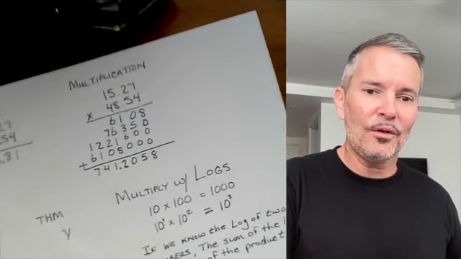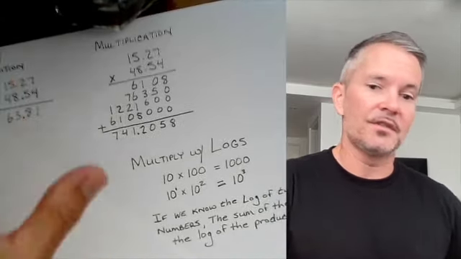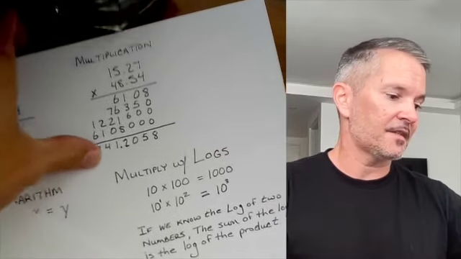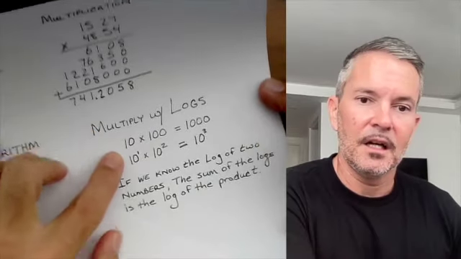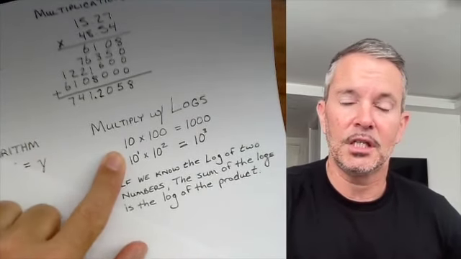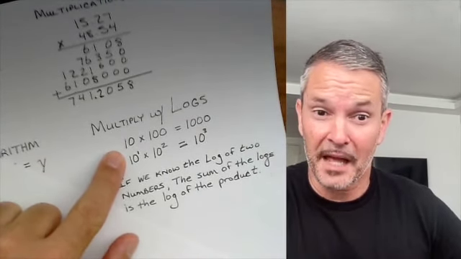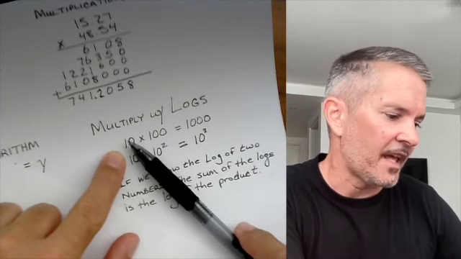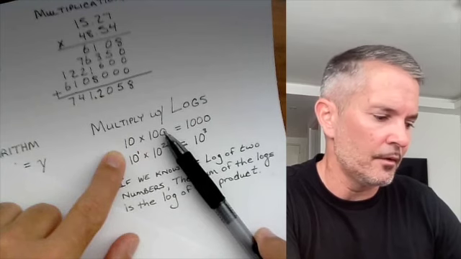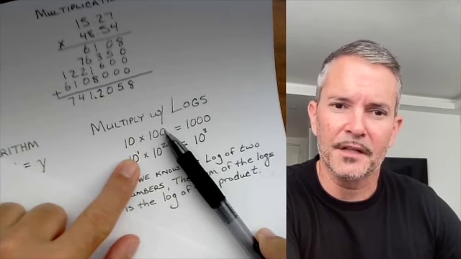So how were logarithms actually getting used to speed up mathematics? Well, I'm going to show you a little sort of magical math to help you reason about this. If I wanted to say 10 times 100, we all know in our brains this is pretty easy.